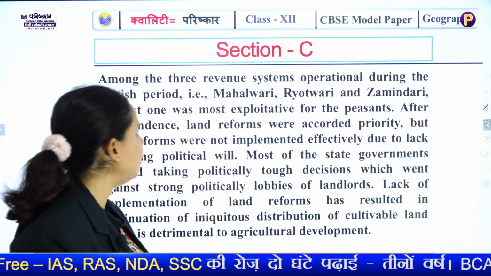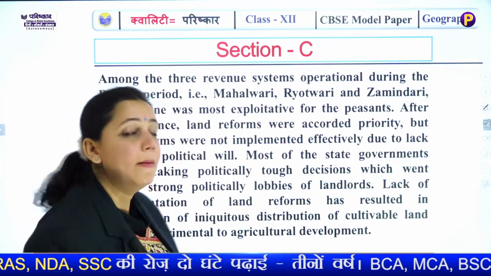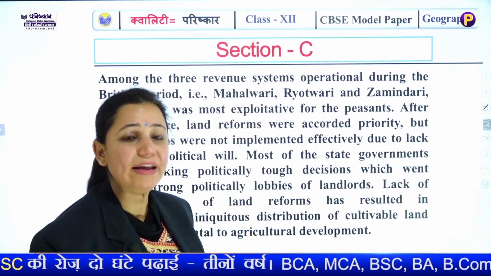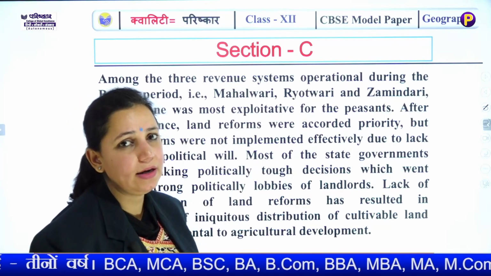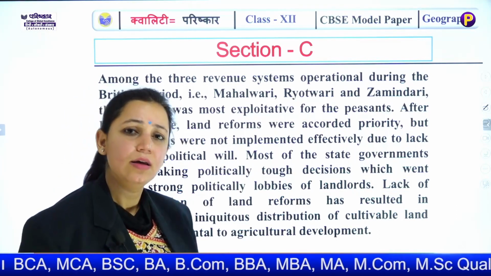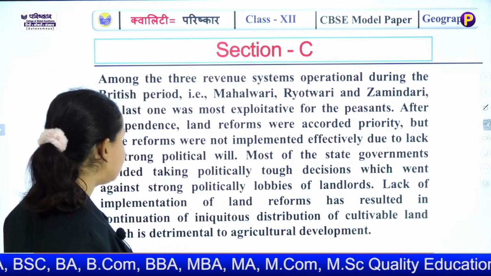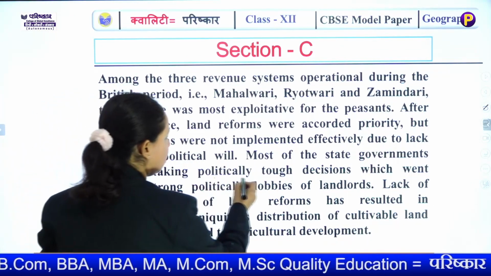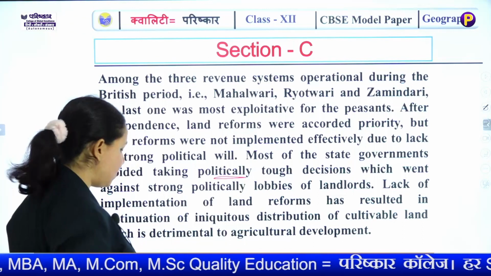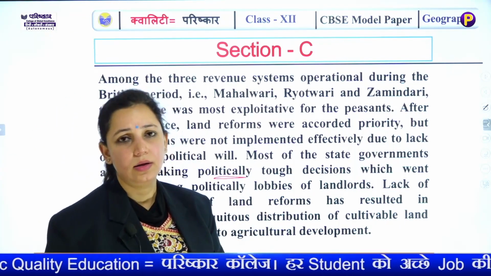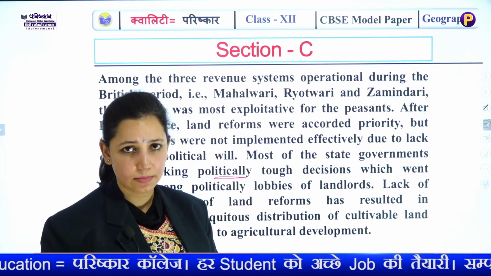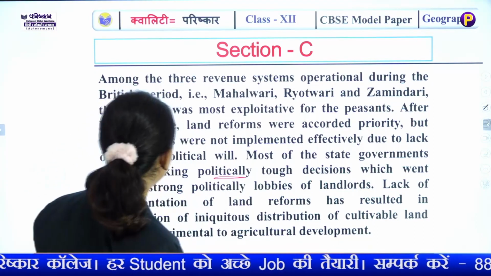Now after independence, many reforms were made, but they are not effectively implemented. Because of the failure of implementation, Indian farmers are again suffering. You need strong political will to implement such reforms, and you can cite major agriculture reforms presented in the budget itself.